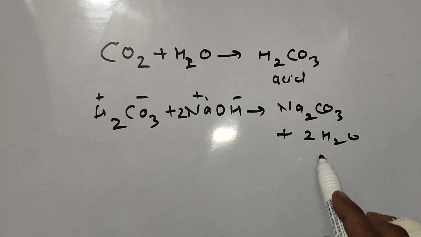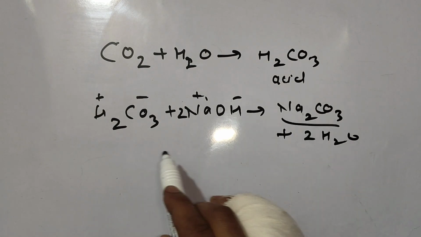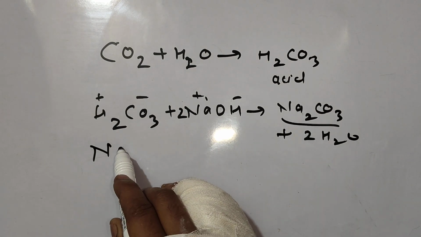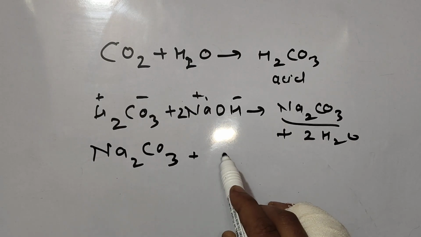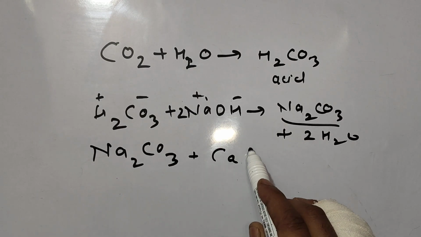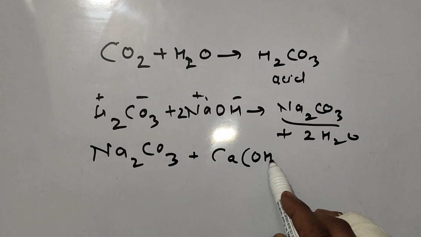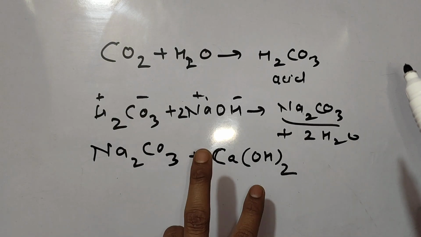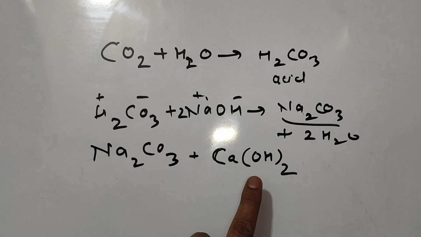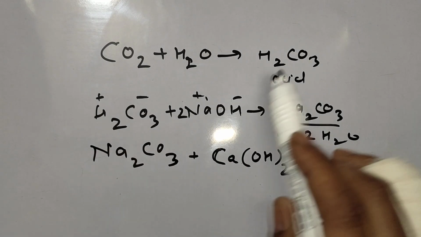Now, this sodium carbonate will finally react with calcium hydroxide, which was generated. As I told you, in soda lime, calcium hydroxide was there. Now this calcium hydroxide is going to react with sodium carbonate.